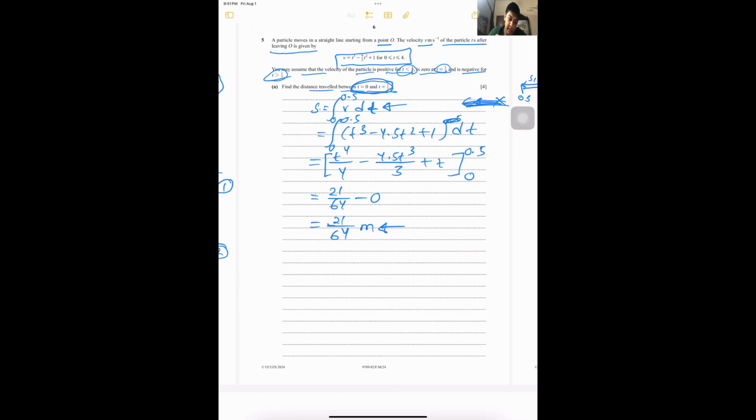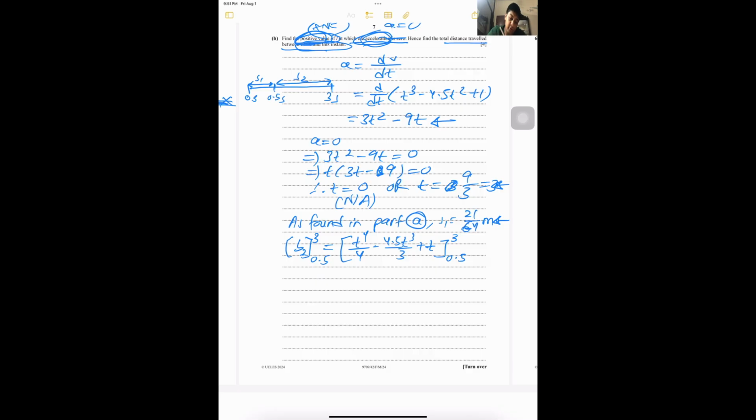I felt it, so I feel you people will also benefit. Use the calculator again: 3 to the power 4 by 4 minus 4.5 into 3 to the power 3 by 3 plus 3, which gives minus 69 over 4.